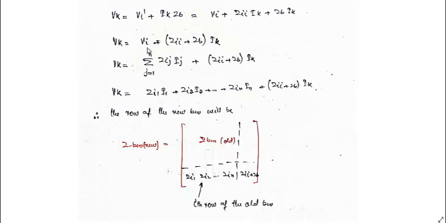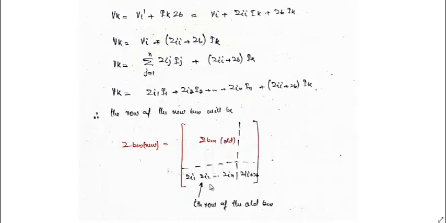So VK is equal to VI plus ZII plus ZB into IK. That is, VK is equal to the summation j equal to 1 to n of ZIJ IJ plus ZII plus ZB into IK. So VK, this is the kth row: ZI1 I1 plus ZI2 I2 plus ZIN IN plus ZII plus ZB into IK. This gives us the kth row.